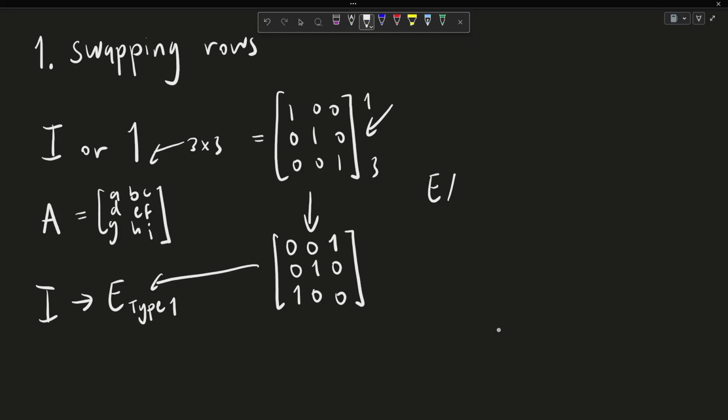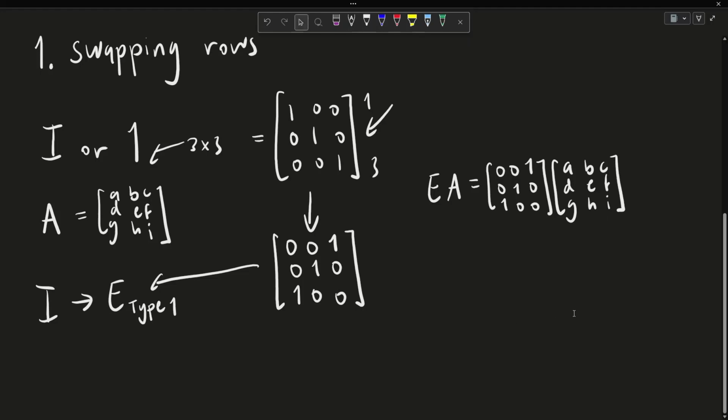E times A equals 0, 0, 1, 0, 1, 0, 1, 0, 0 times A, B, C, D, E, F, G, H, I.